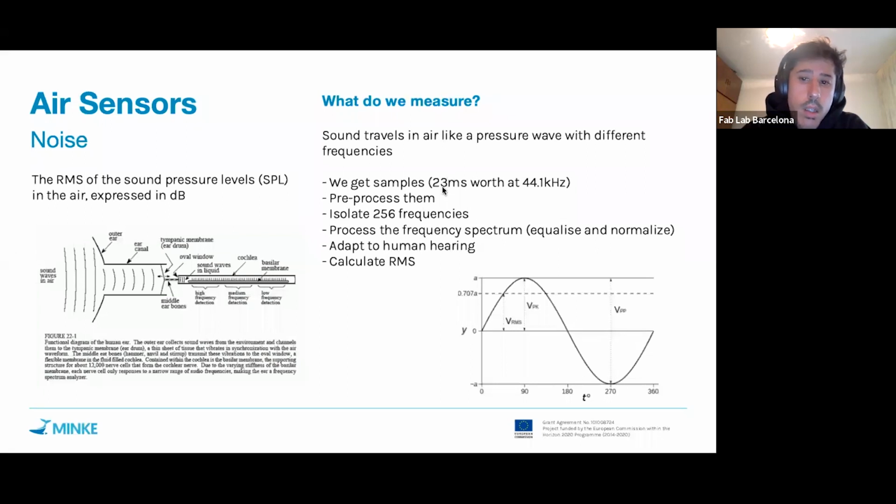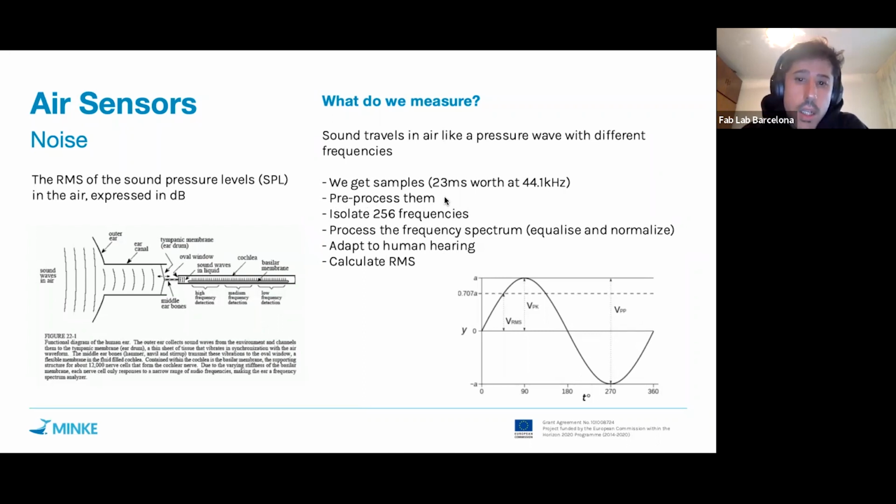But because of the limitations and also because of our principles, we only capture 23 milliseconds of noise samples each time, meaning that we capture 512 samples, which at that speed is 23 milliseconds.